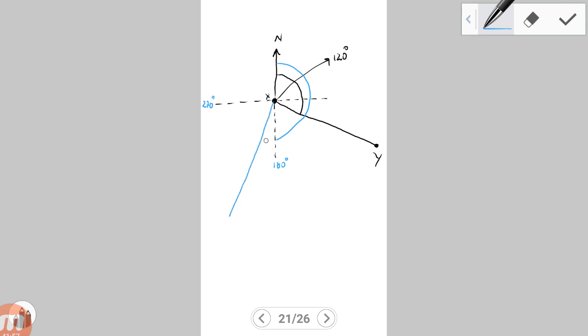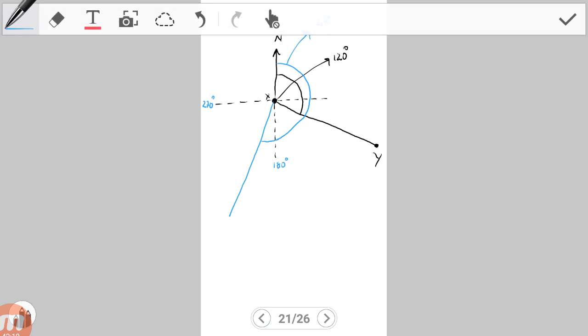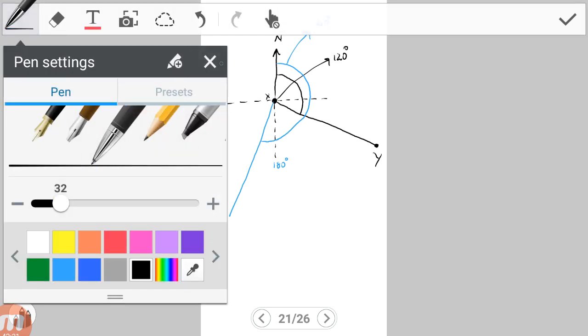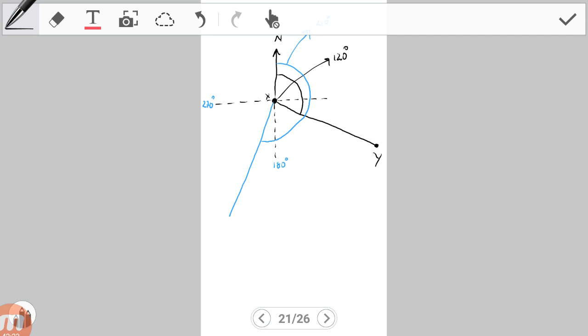Coming all the way around here is going to be 210. Let's indicate this with a little line here. I don't want to put too many markings here, guys, but you can see that this blue line here is 210 degrees. Let's indicate that right here. So we have our two directions that we're traveling. Let's overlap this line here with black. That is our harbor Y.